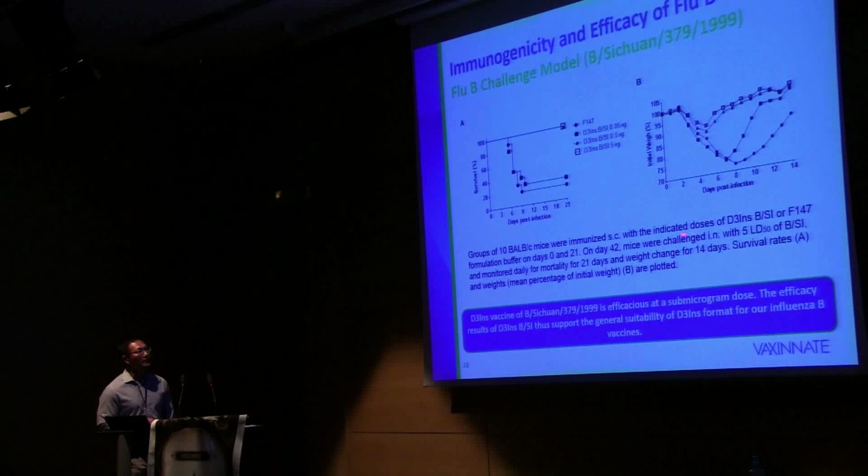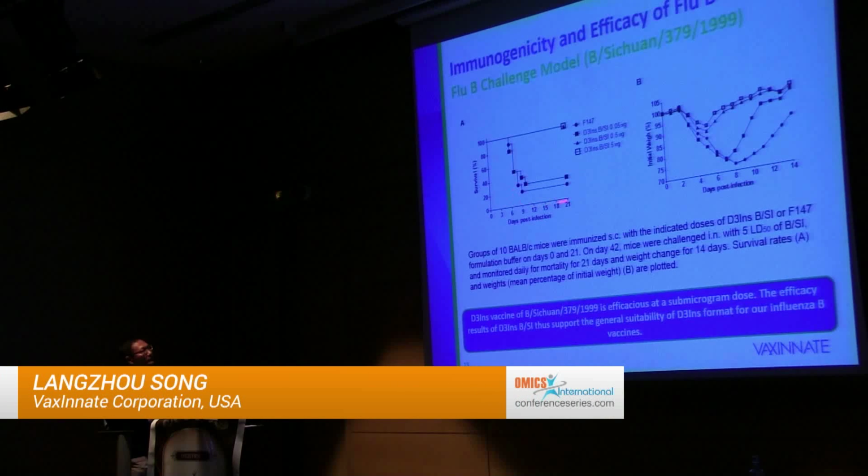Mice were challenged with 5 LD50 of the B/Sichuan virus. As shown here, even at the 0.5 microgram dose, mice were 100% protected, with less than 12% weight loss. And in placebo groups, most mice succumbed to the virus challenge and resulted in more than 75% weight loss.